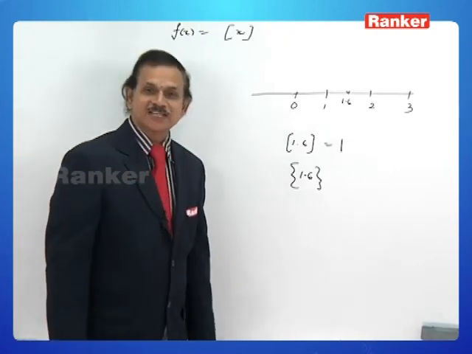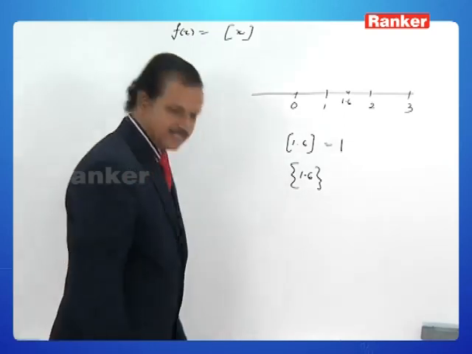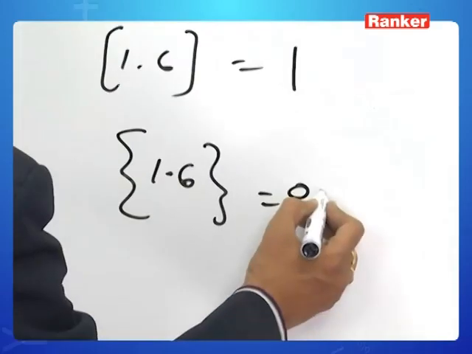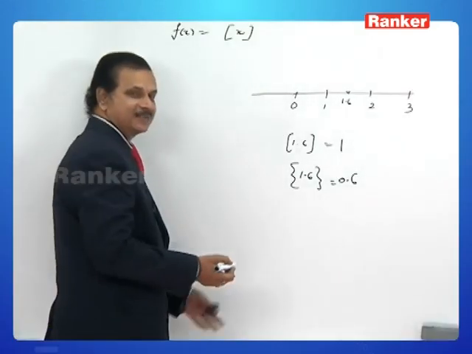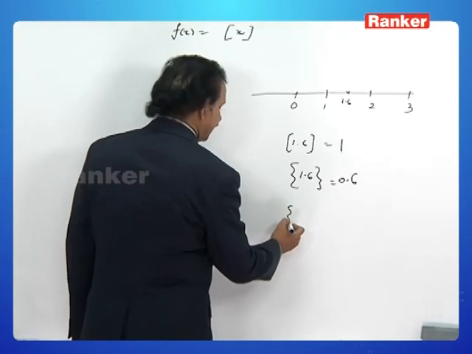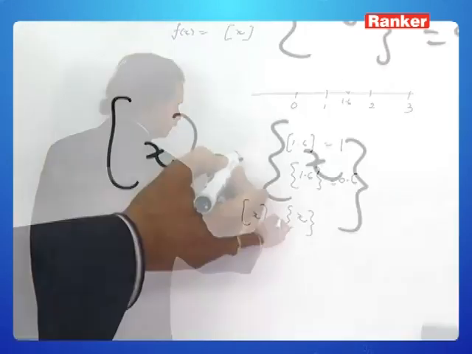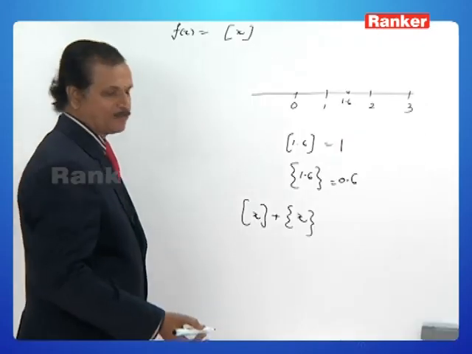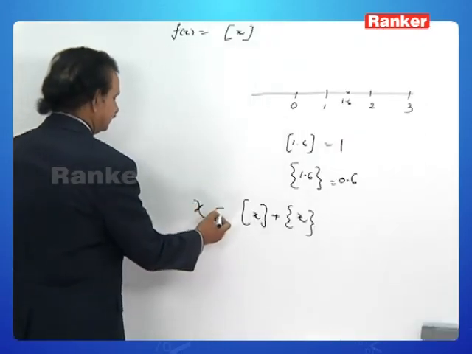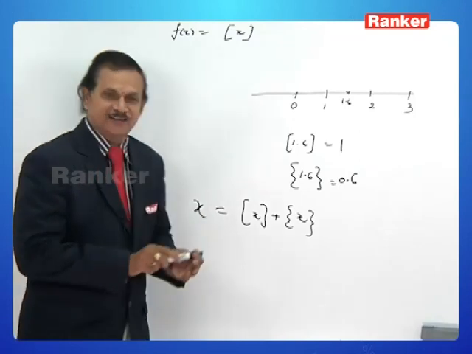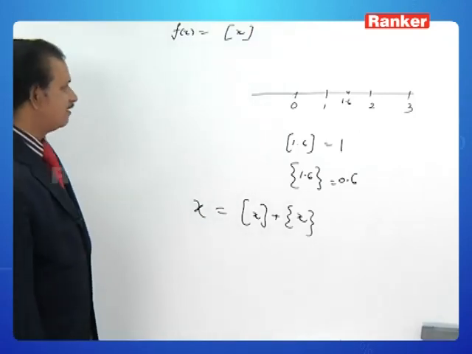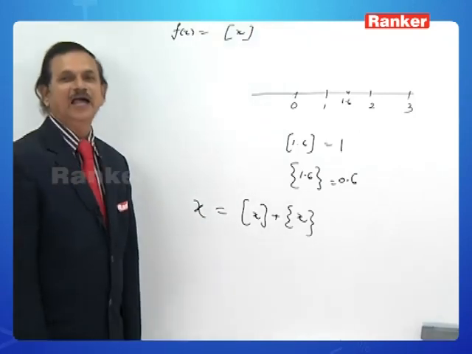This is the fractional part of 1.6, which is nothing but 0.6. If you add these two, what do you have? Integral part of x plus fractional part of x gives you x.